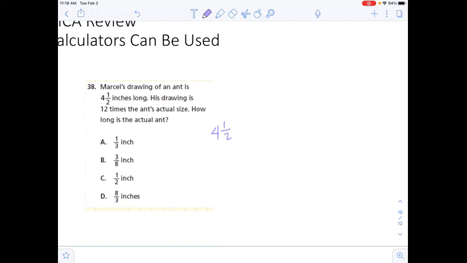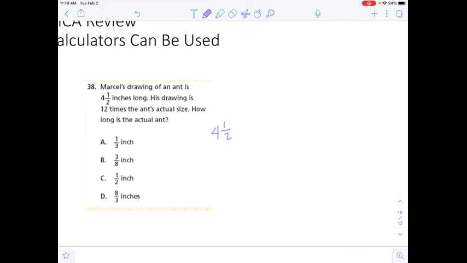Okay. Then, using our model over actual, the actual is 12 times that length. Oh, wait. No. The actual is 12 times smaller than that, right?